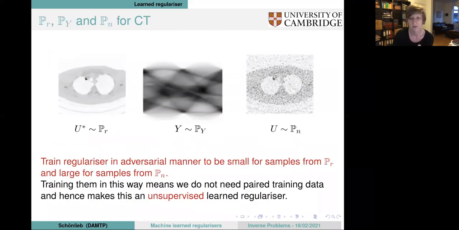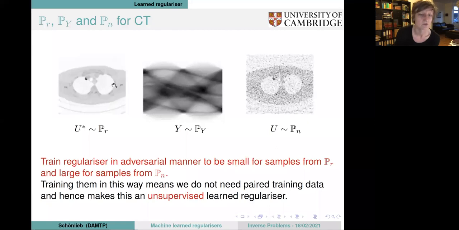Okay, so this is just given again in terms of pictures. So this is CT again. I'm only actually showing you CT in this talk. We also did this for deblurring, and Sebastian also did this in his PhD thesis for MRI. But it all shows very similar kinds of results.